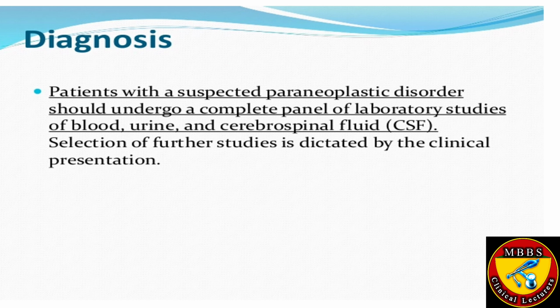So if the surgeon or the clinician is suspecting a paraneoplastic disorder, the patient should undergo a complete panel of laboratory studies of the blood, urine, and cerebrospinal fluid to look for any malignant cells, because these are generally non-invasive procedures, like blood cytology, urine and CSF cytology, and the malignant cells can be easily accessed.